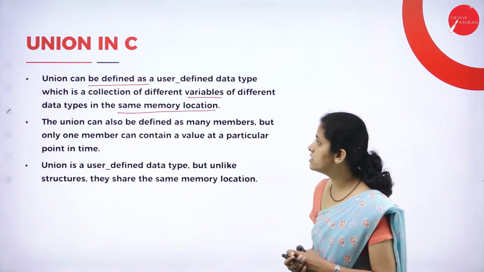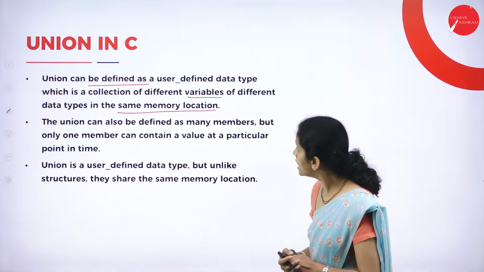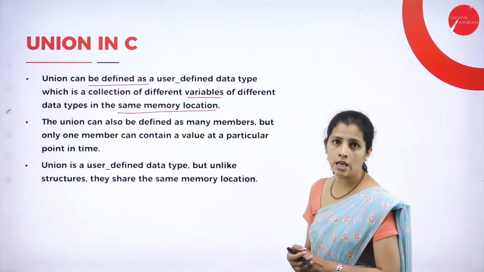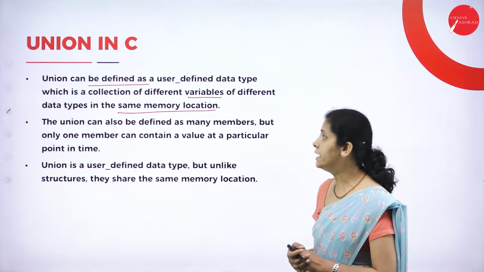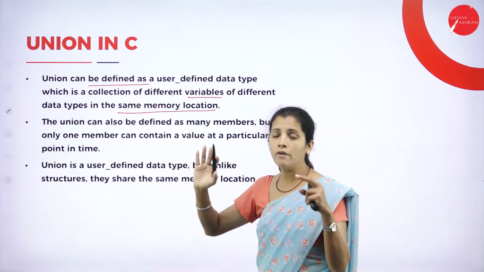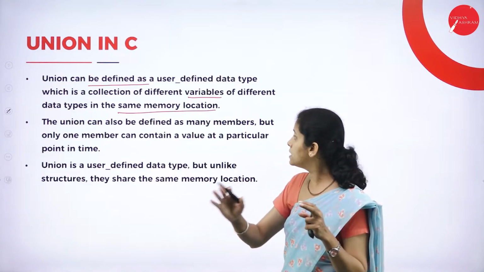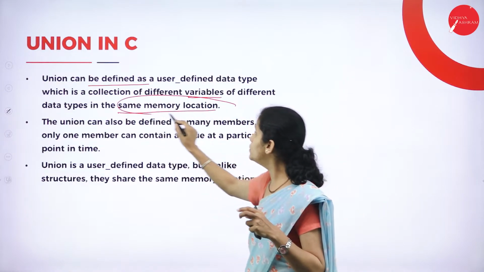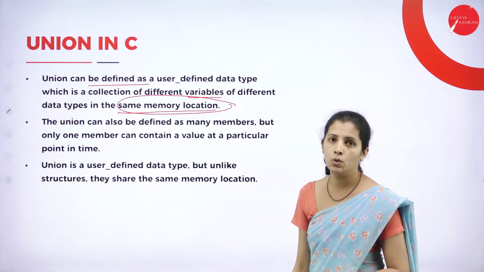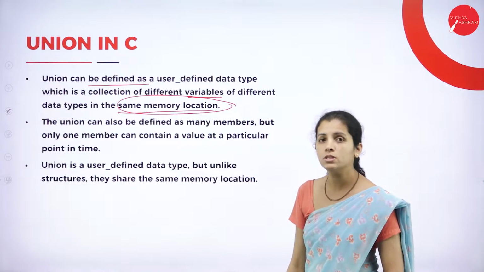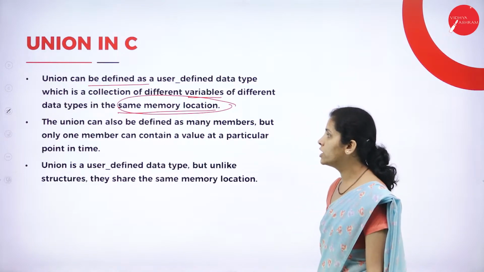So here a variable is nothing but predefined different variables or the same kind of variables, but they are going to use the same memory location. I repeat, it is a collection of different variables of different data types. I'm going to have different variables along with different data types, but they are going to use the same memory location.